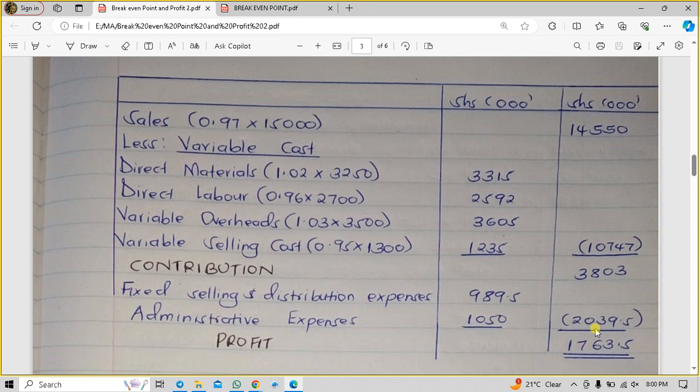Very fast. Tell us your break-even point in shillings. Yes, you can see 2 answers. What are you getting as your answer?